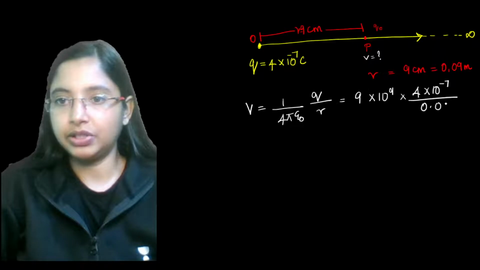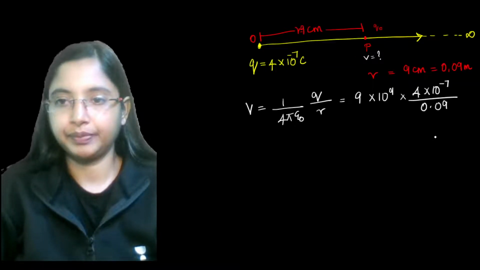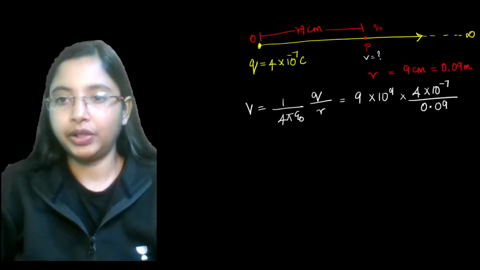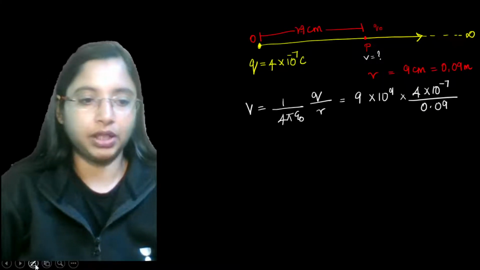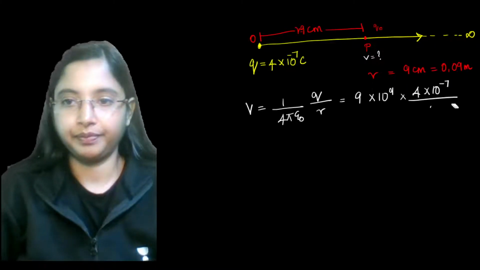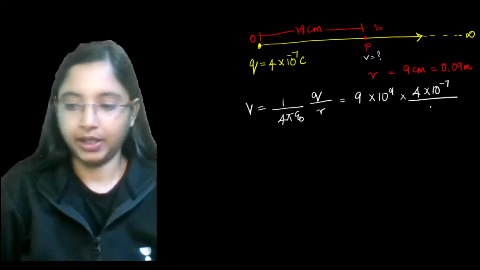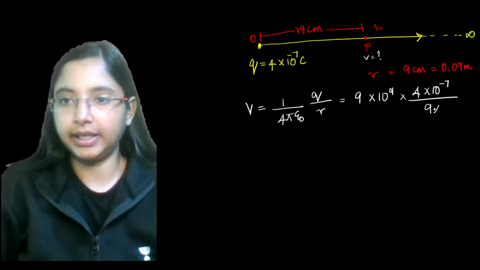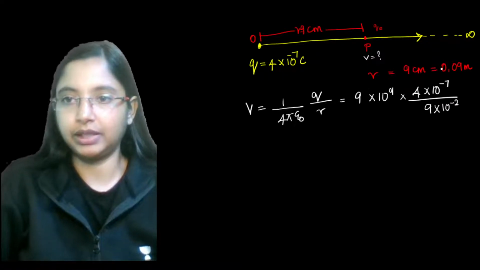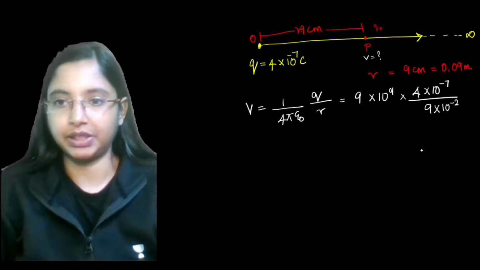Distance is 0.09 meters, so you can write this as 9 into 10 to the power of minus 2 meters.